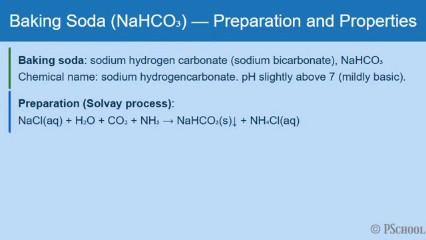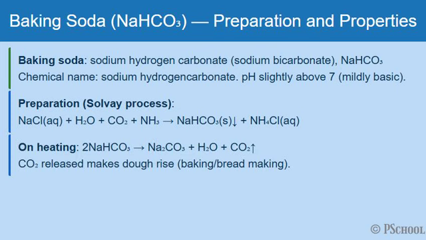Preparation by the Solvay process: sodium chloride plus water plus carbon dioxide plus ammonia gives sodium bicarbonate precipitate plus ammonium chloride. On heating, 2 sodium bicarbonate gives sodium carbonate plus water plus carbon dioxide. The carbon dioxide released makes dough rise in baking.